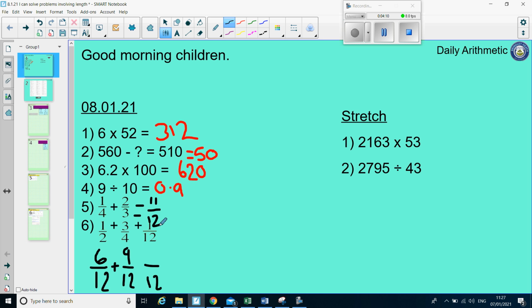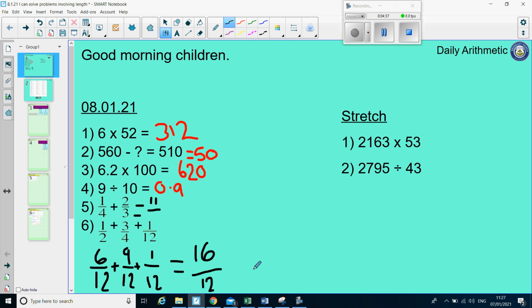This fraction, realise my answer's over the top of it, it was 1/12. I don't need to change that one at all. It's already got a denominator of 12, so I can leave that exactly as it is. And then I'm going to do 6/12, add 9/12 is 15/12, add my 1/12, gives me 16/12.